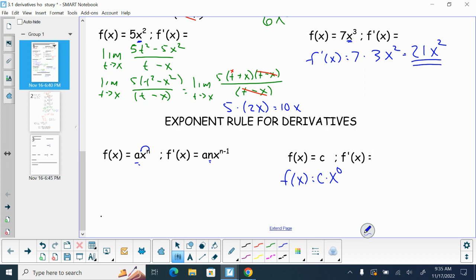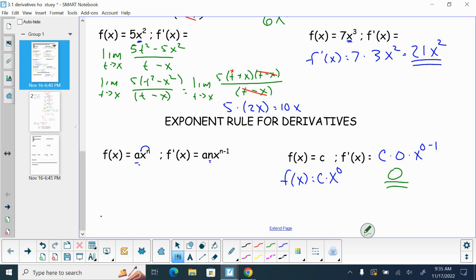Now, if I use the power rule here to find my derivative, I have c times 0 times x to the 0 minus 1 power. But that's c times 0. That's 0, using our multiplication property of 0, which wipes everything out. So the derivative of a constant is 0.